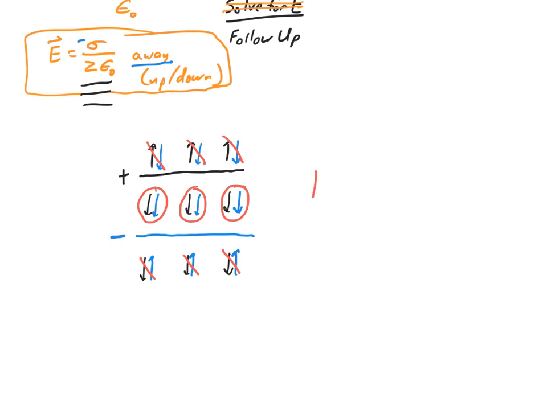So the electric field inside what is called a parallel plate capacitor, the electric field inside will be 2 times that, which is sigma over epsilon naught.